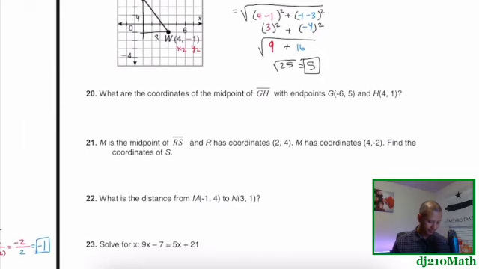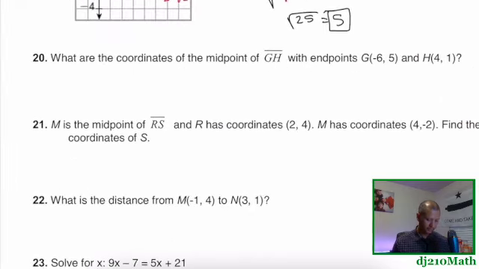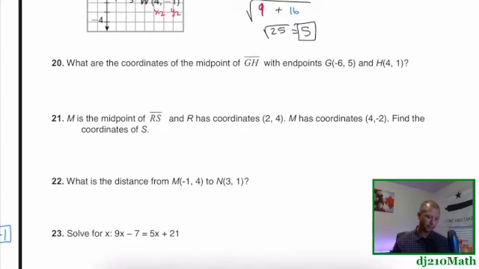Okay. What are the coordinates of the midpoint GH with endpoints negative 6, 5, and 4, 1? So for the coordinates of the midpoint, we have a formula, the midpoint formula. It's an x and a y coordinate, right?